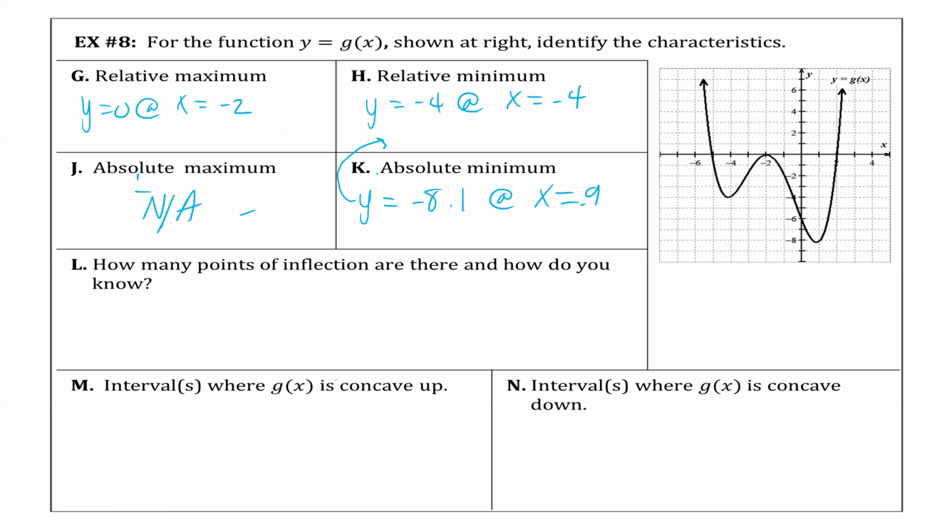Does that make sense? So I will double check, but technically your absolute maximum is also a relative. It's just the biggest out of the relative. Does that make sense? As long as you understand the other ways that it could be written, then yes.